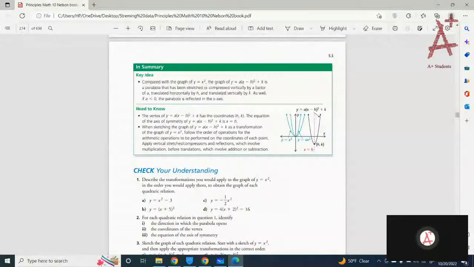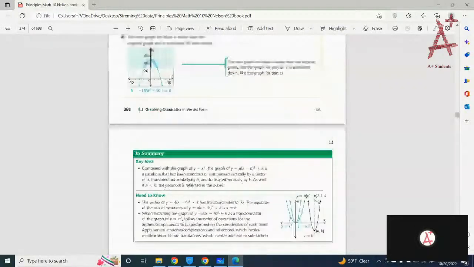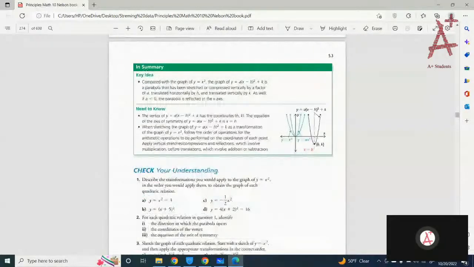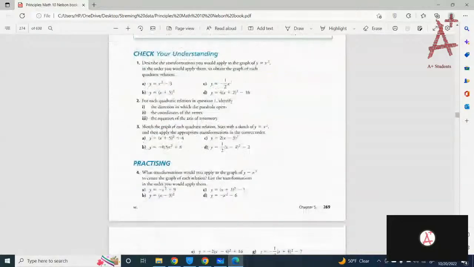Got it? So let's start. Describe the transformations you would apply to the graph of y equals x square, in the order you would apply them, to obtain the graph of each quadratic relation.